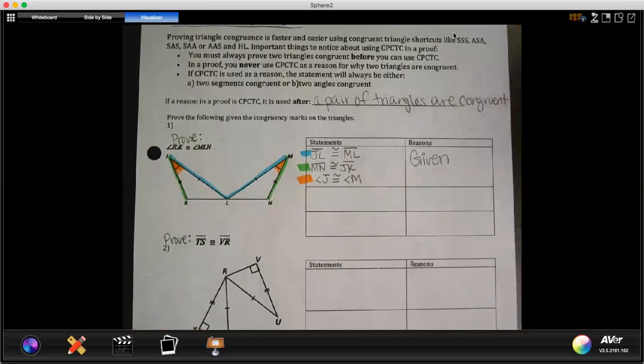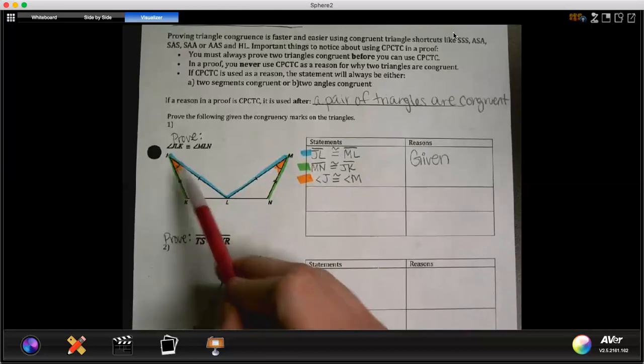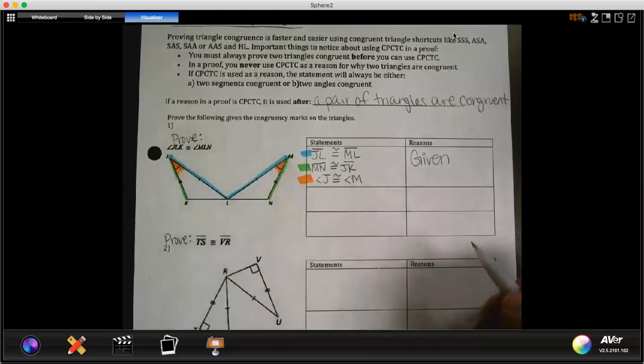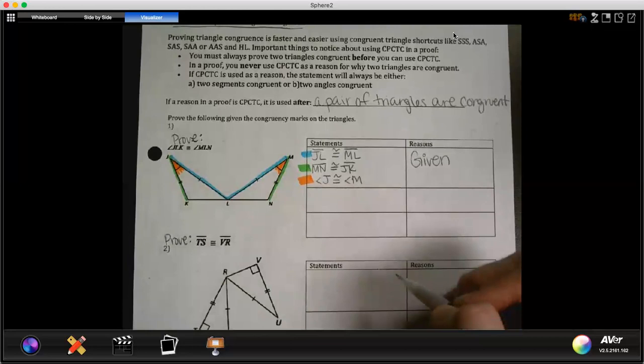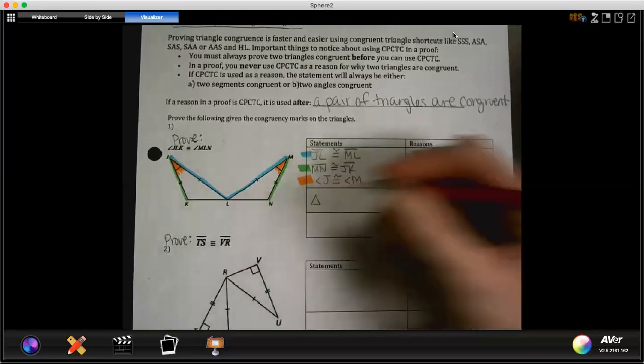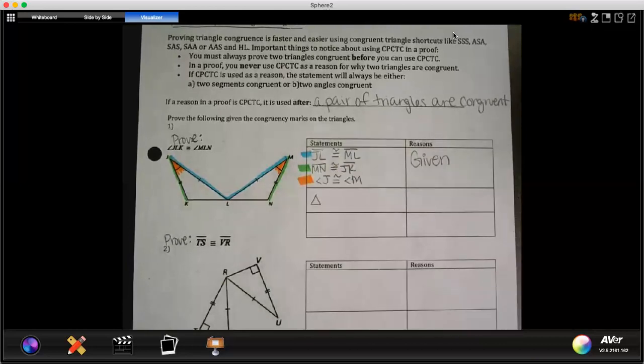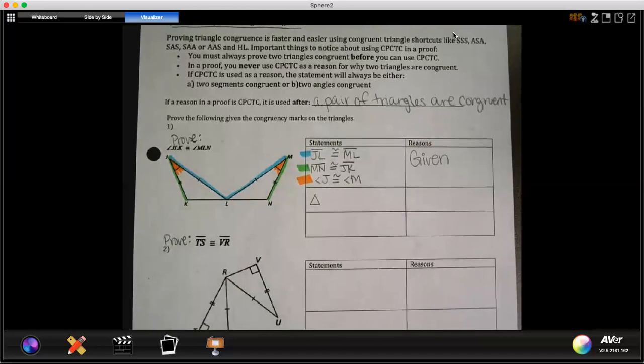From here, we want to see, do we have enough information to prove our triangles are congruent, or do I need any more information? And in this case, I have three pieces of information. I have a side, an angle, and a side. So therefore, I can prove these triangles are congruent. Now, when you list your triangles as congruent, you want to make sure that you list them in corresponding parts in the same order.